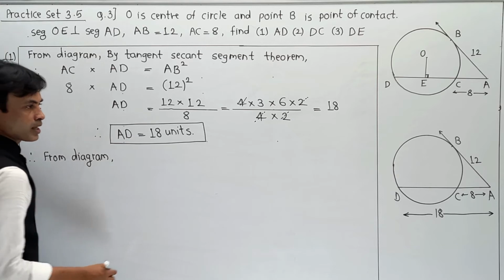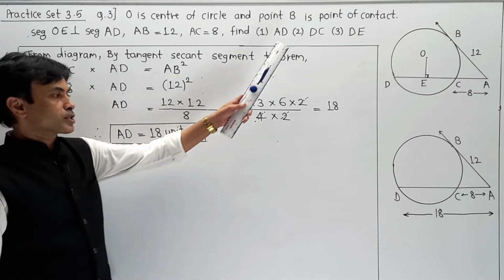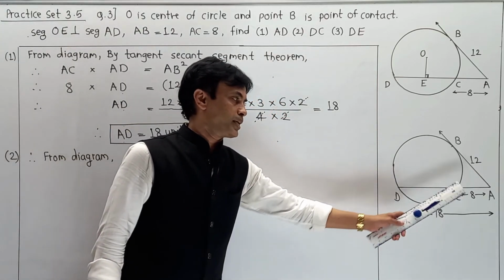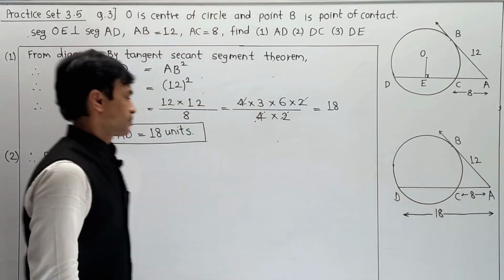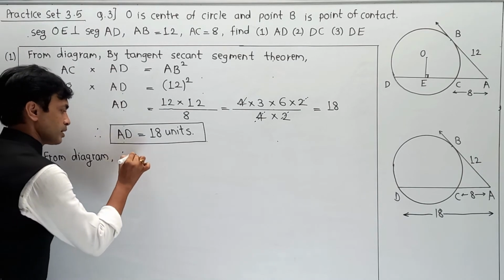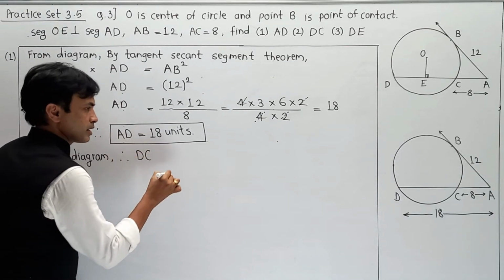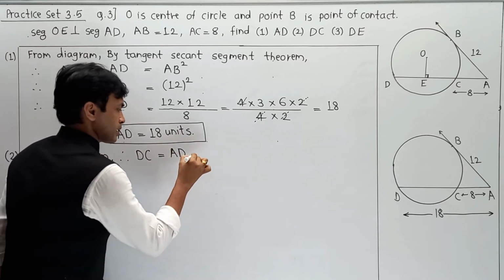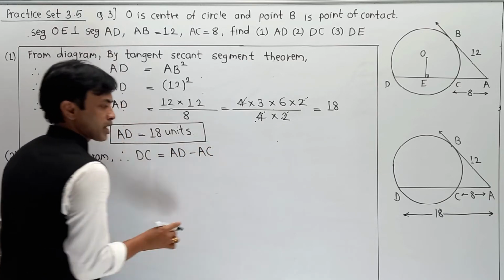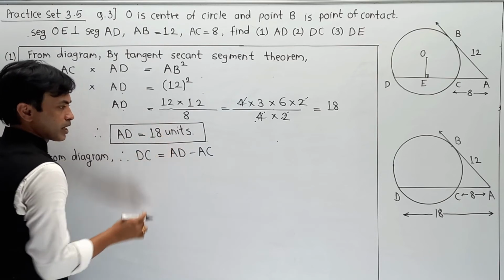Our target is to find DC, and DC is nothing but AD minus AC. Therefore, DC is equal to AD minus AC. The value of AD, we have recently calculated, is 18.